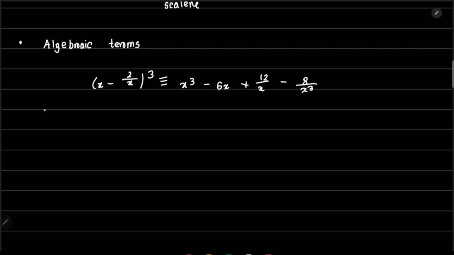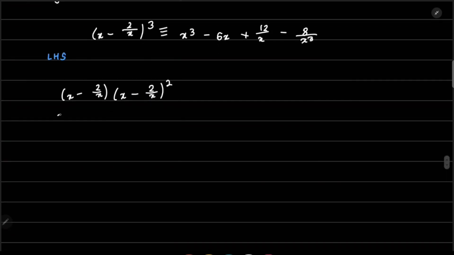So for this, I'll just break down the left hand side. We'll have the cube. We can write this down as (x minus 2 by x) times (x minus 2 by x) squared.